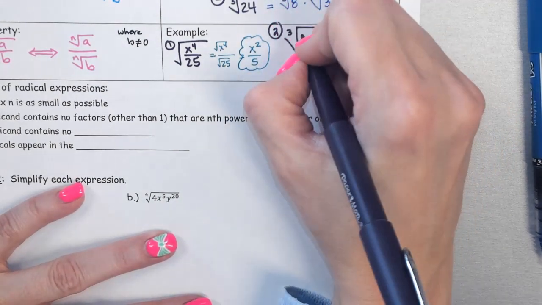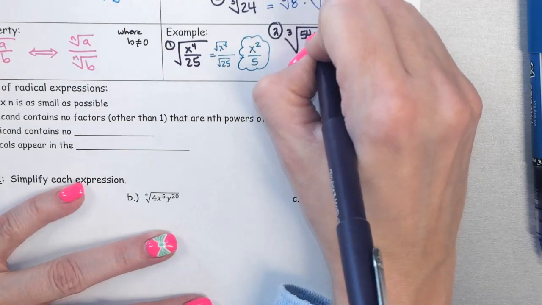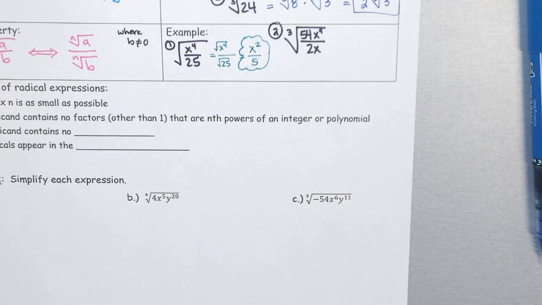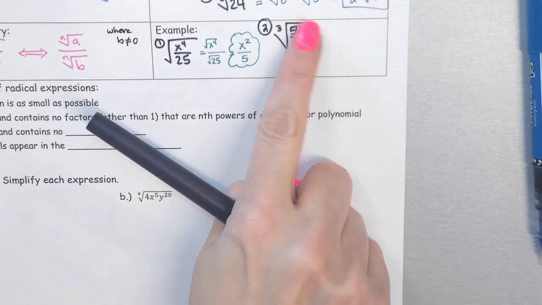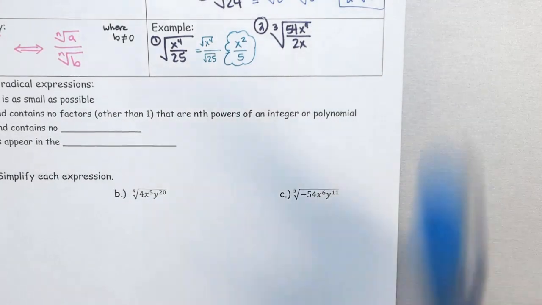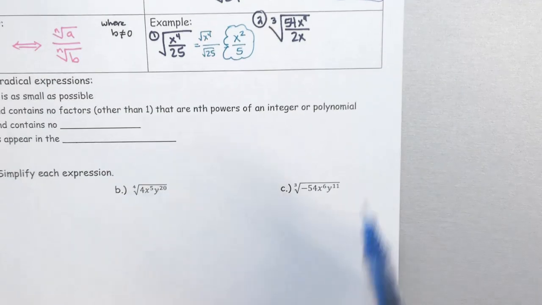Okay, now sometimes you might see a fraction underneath the radical, and instead of splitting it up first, we're going to simplify first. Okay, so we're actually going to simplify this, and then we are going to use the product. And that's because I want you guys to start noticing, like, oh, this might be something that we can simplify.